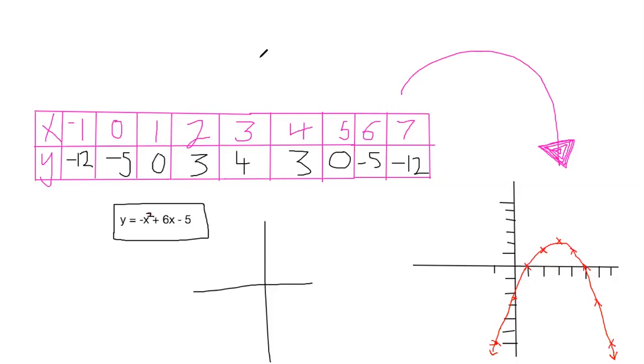Good? Cool. So if they ask you to graph a quadratic and they give you just the equation, just put it in a table of values like that and put it in your calculator exactly as it's written, but put brackets in where you need to.